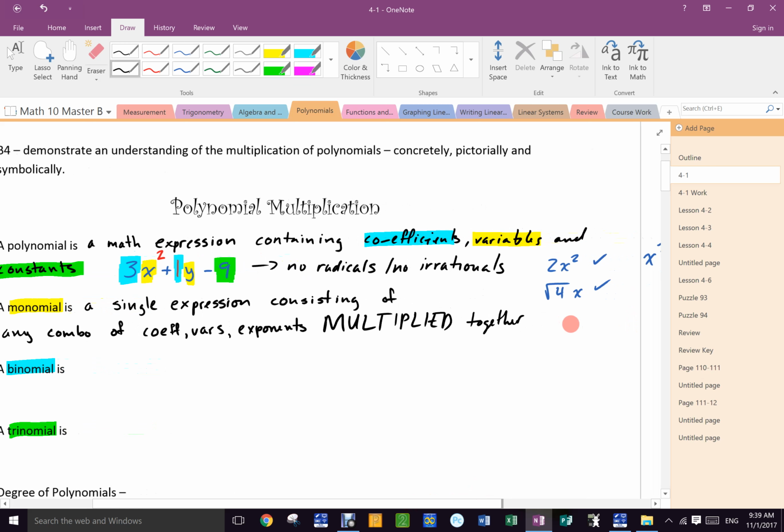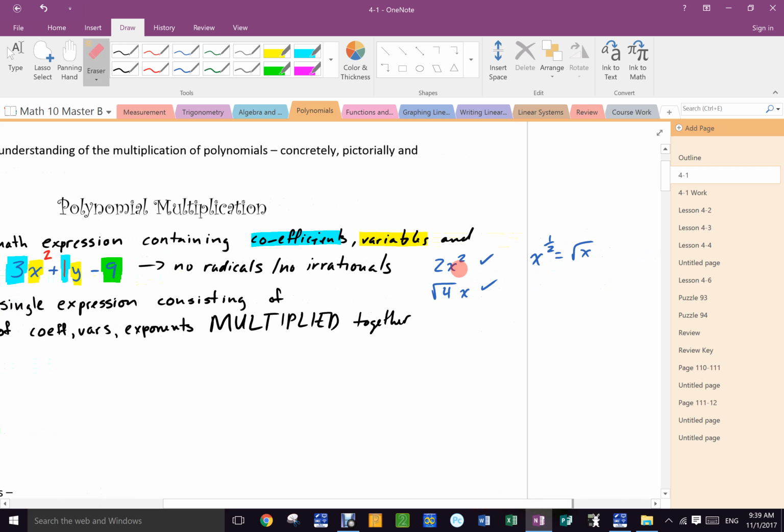So what do I mean by that? I'm going to erase over here. Is that a single coefficient, variable, or exponent? Yes. Everyone understand? It's one thing.